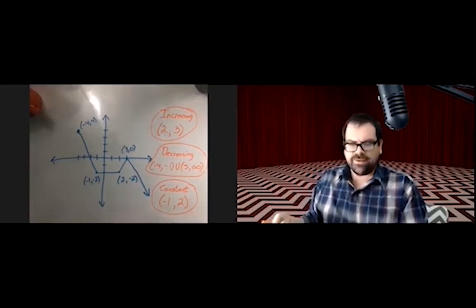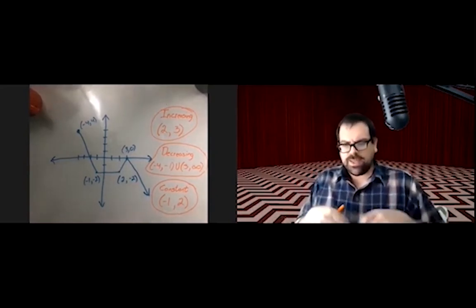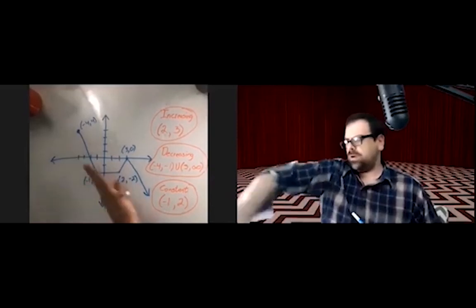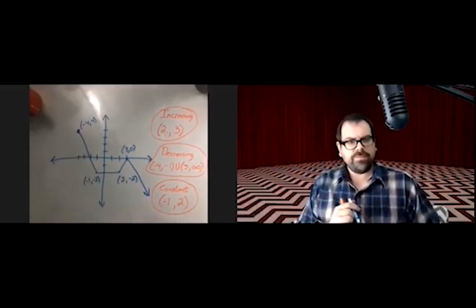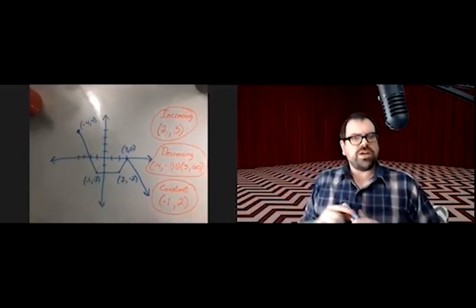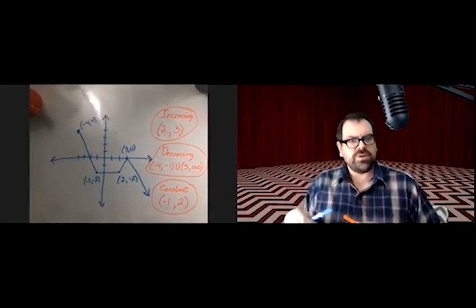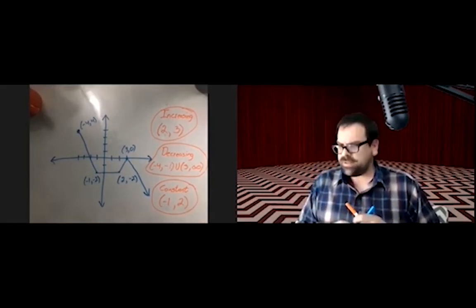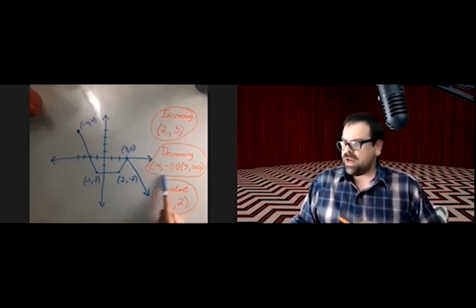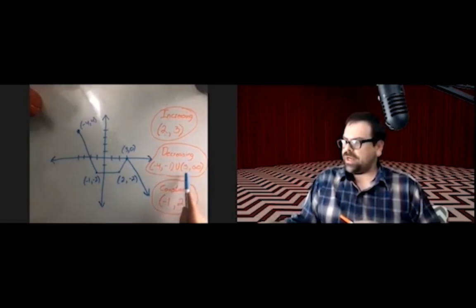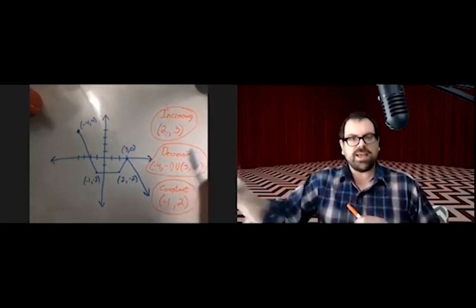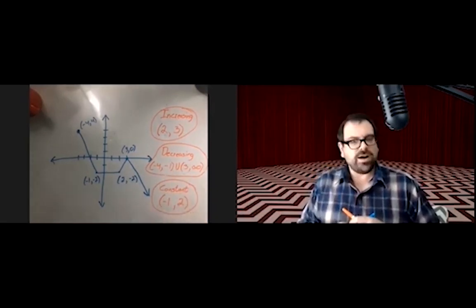That means the domain of this is from -4 to infinity. That means we should have every interval from -4 to infinity except for the endpoints: -4 to -1, -1 to 2, 2 to 3, 3 to infinity. They're all accounted for. We've got it all.